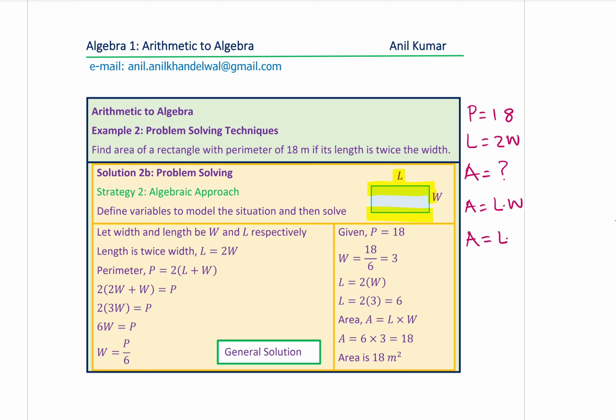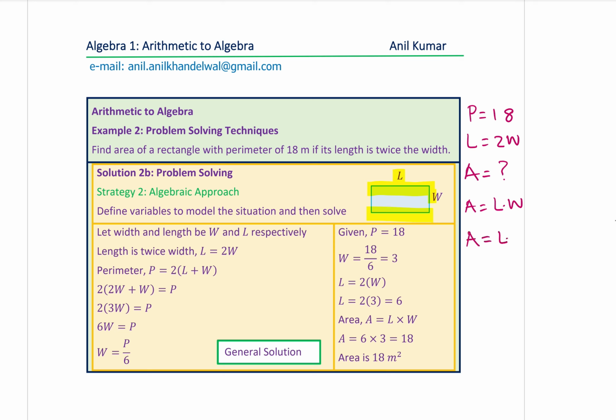Since I can relate perimeter with both length and width. Correct? We know what perimeter is, so we will know in a way what width could be. Perfect. So that's the whole idea. So the strategy actually is thinking about a solution in small steps.